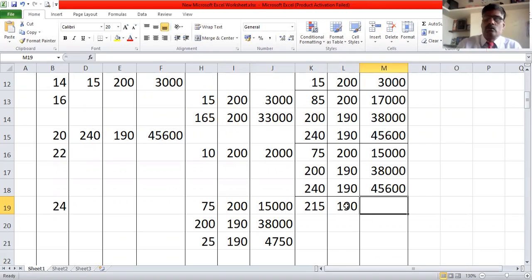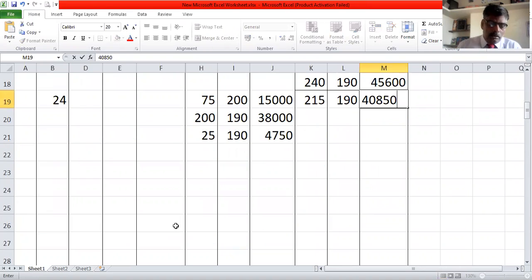You multiply these two: 215 into 190 is equal to 40,850. You write 40,850. This is the balance of quantity.